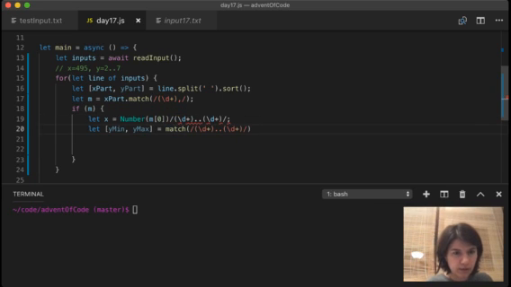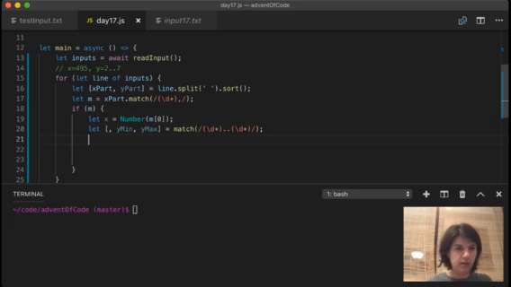Oh, how did I get it? This way. Okay, so we're matching those. We get the min and the max, and from that we get a match, and then we want min and max. Okay, so we have the x's, and I think I need to keep track.